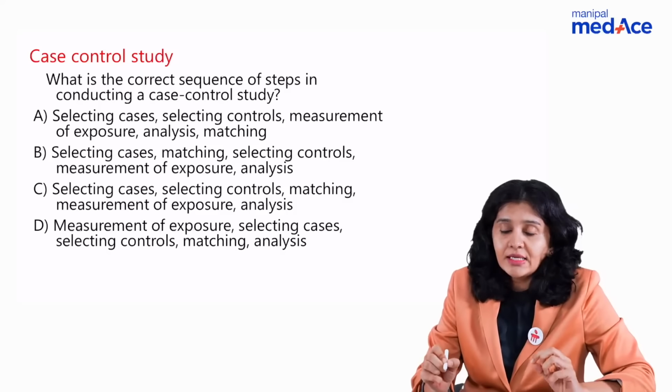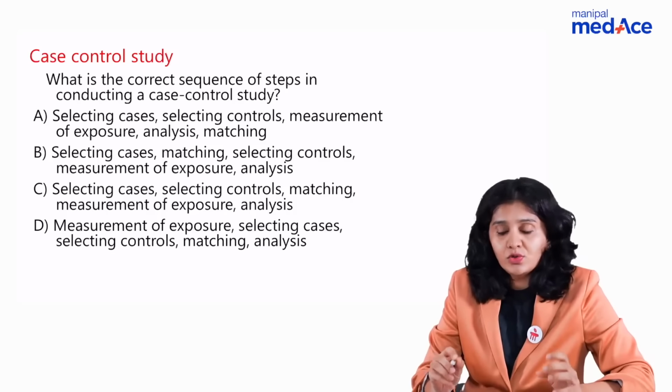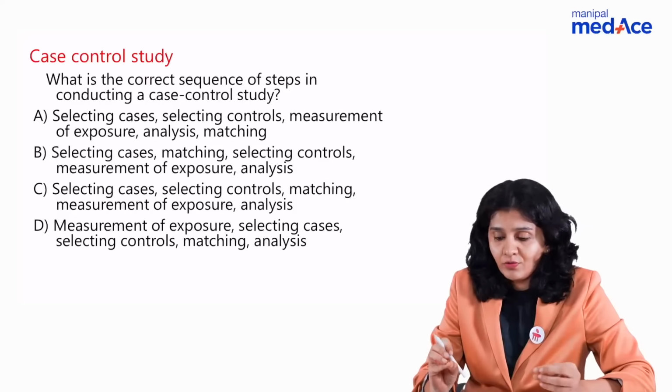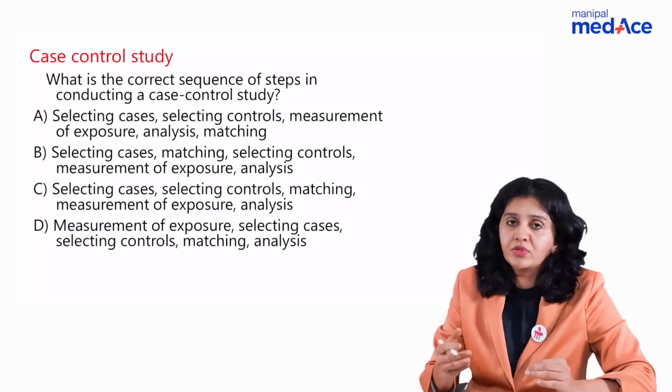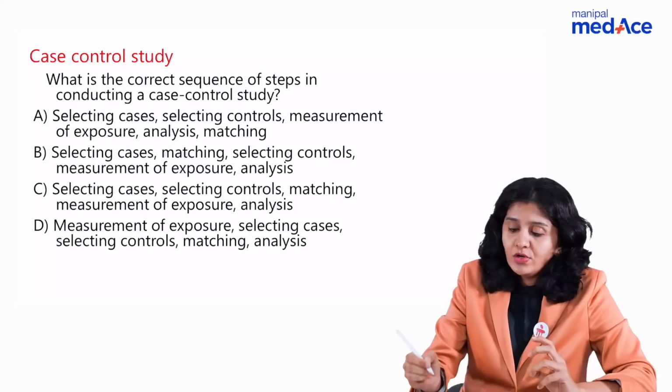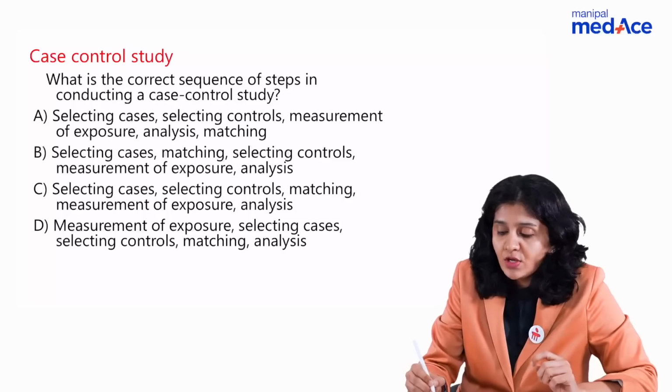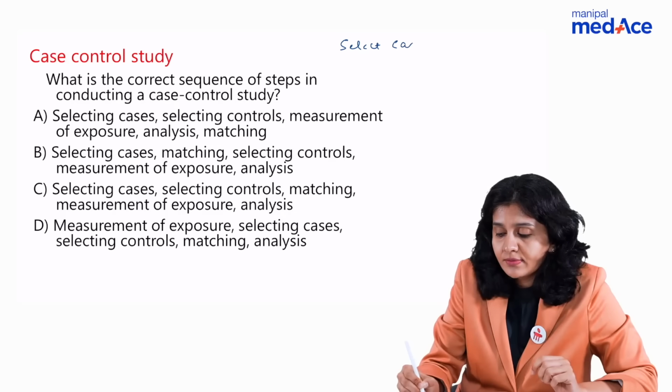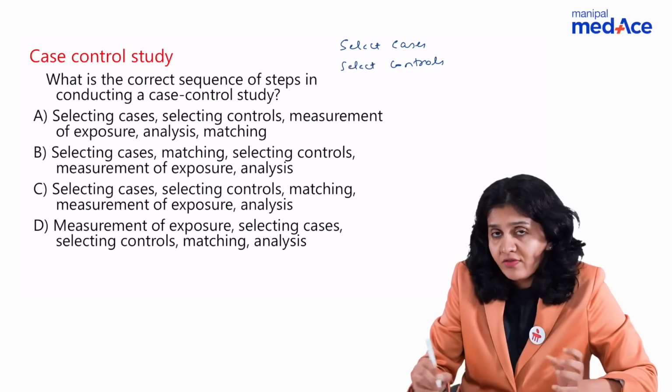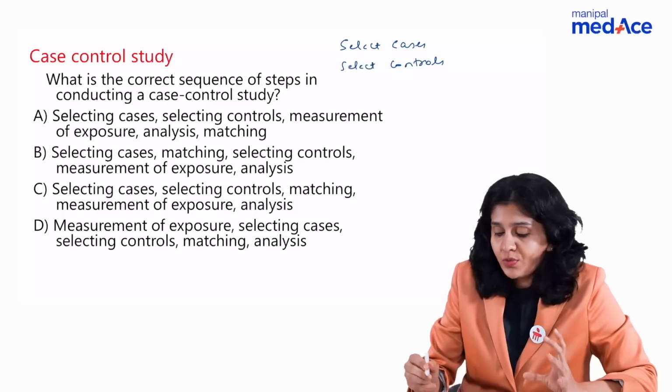So what are the steps in conducting a case control study? Whenever such a question comes, I want you all to recall the steps, then look at the options. Otherwise, it gets confusing. So what do you do in a case control study first? First, we select the cases, right? Select cases. Then we select controls. While selecting controls and cases, what do we do?